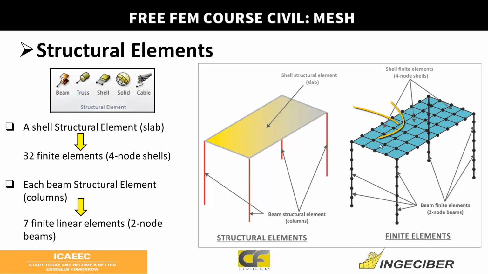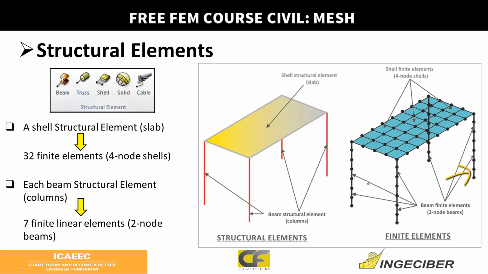If we select as mesh control 4 node shells, the shell structural element, we will obtain 32 finite elements. In this case, we set just 4 elements in this direction and 8 in the other direction. And for columns, we set a number of elements of 7. We have 7 finite beam elements for each column structural element.